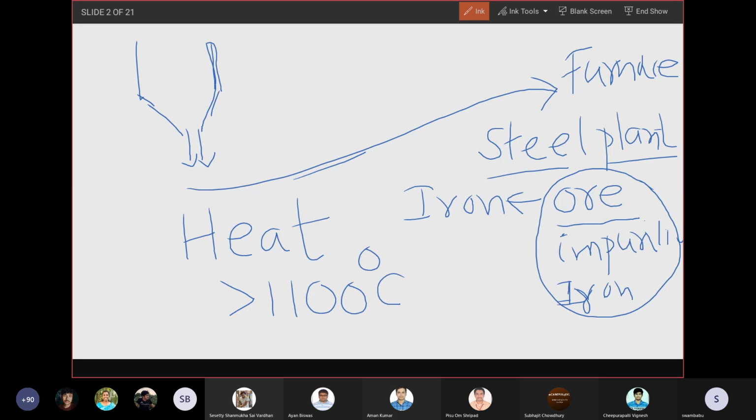Why do they need to heat it? Because when you heat at this temperature, the iron melts, whereas the impurities won't melt.